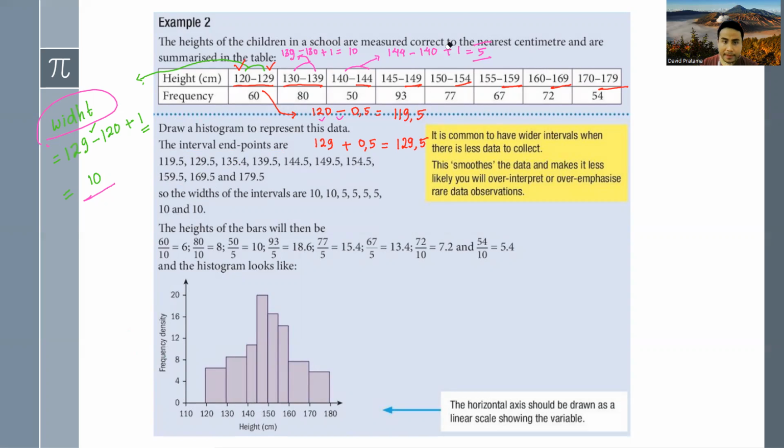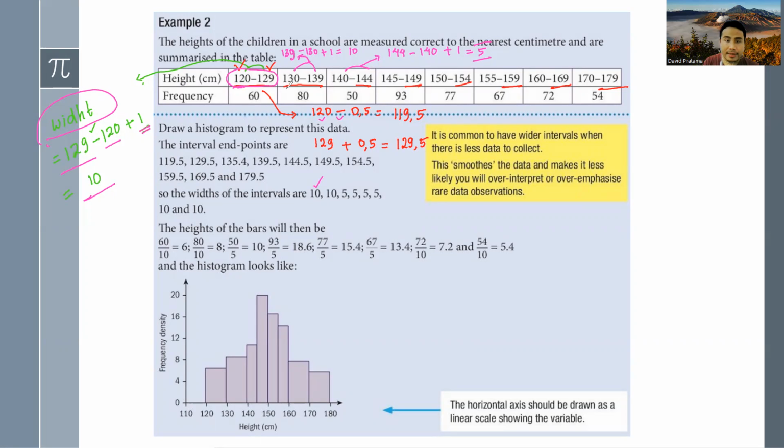I have explained. This is the first class, 120 to 129. The width is 10. How to find this value? 129 minus 120 and then plus 1.